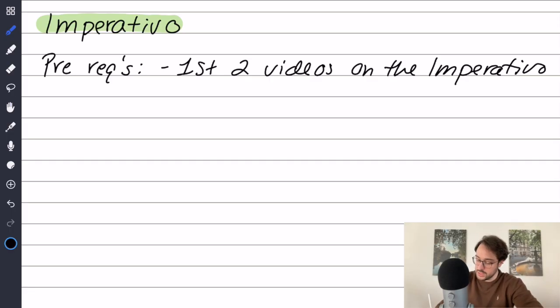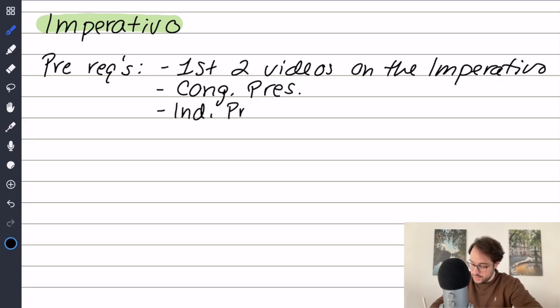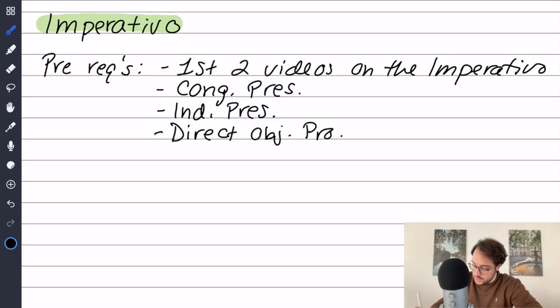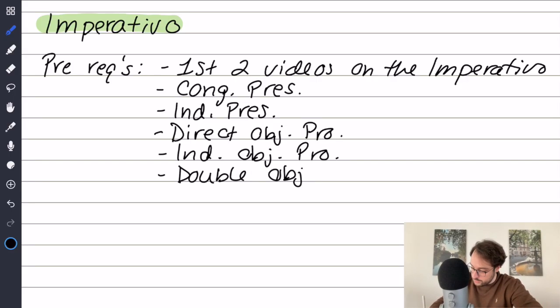Also the congiuntivo presente, obviously the indicativo presente, and our object pronouns videos. I would say the direct object pronouns video, the indirect object pronouns video, and then the double or combined object pronouns video. I think that would be a great place to start.